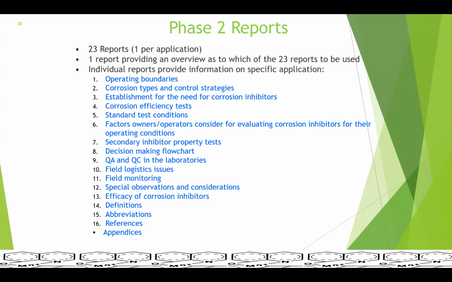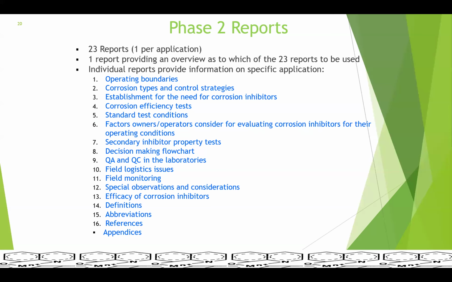And obviously, field logistic considerations: how to evaluate and monitor the inhibitor that has been selected. When we did the interviews, different companies had different observations or considerations. Sometimes that will work only for them, sometimes it may work across the industry. That has been captured in section 12 of the report.